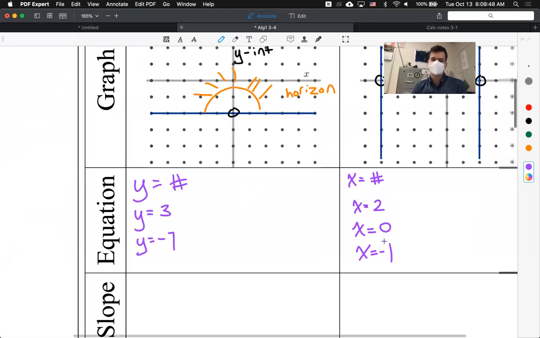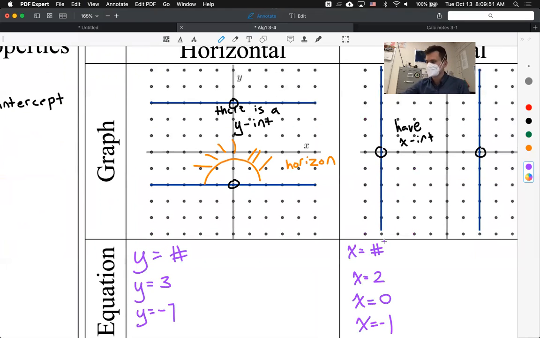I want to talk about why this makes sense. So if I look at any point on the line that we've drawn up here, let's go ahead and look at my top line. If I look at the x and y coordinate of this point that I've drawn right here, the x coordinate is -3, the y coordinate is 3. If I look at this point over here, the x coordinate is 4, and the y coordinate is 3.